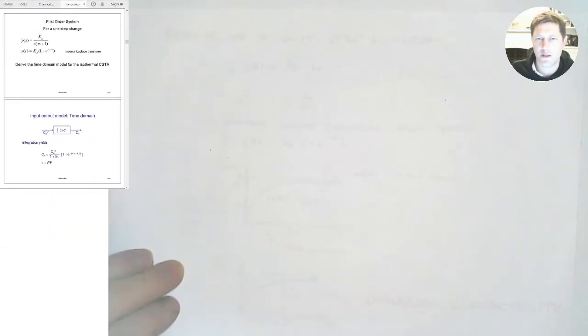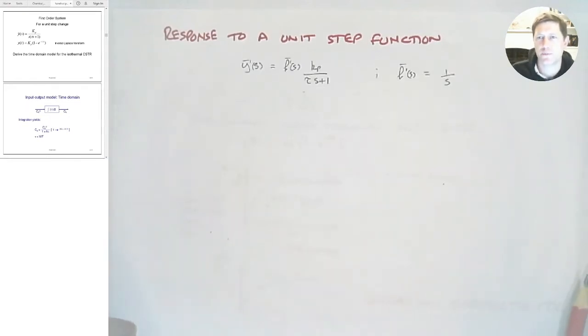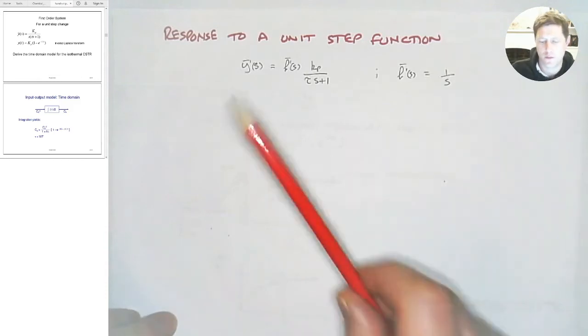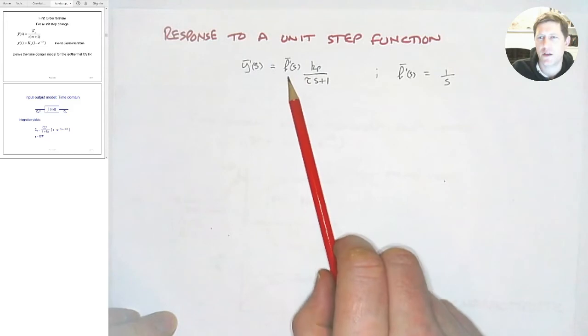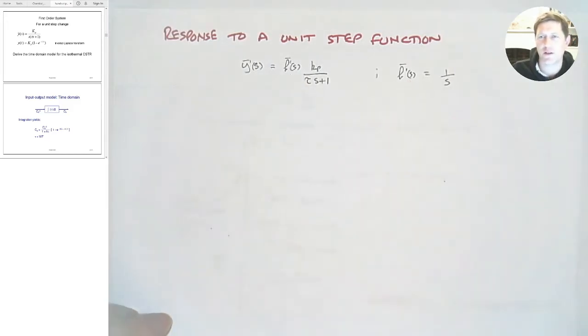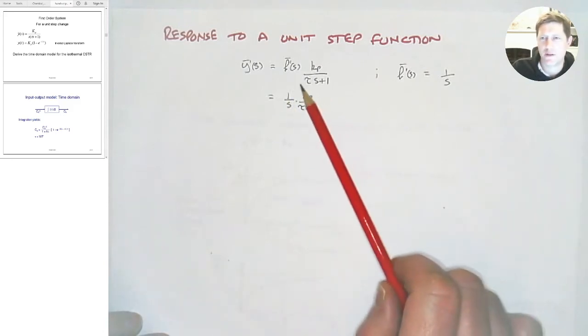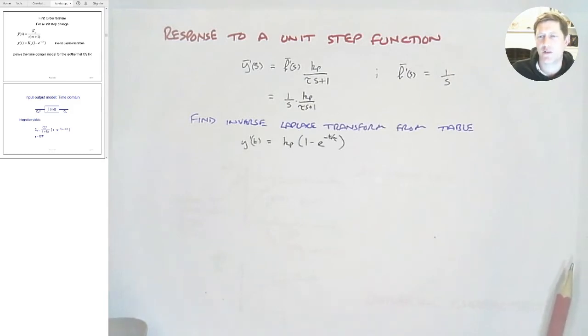So taking a look at that in our notes, we're looking at the response to a unit step function. We can write the response as the transfer function multiplied by the input function, and the input function for the unit step is 1 over s. Put that in, and here we have in the s space the response of the system. We want to find the inverse Laplace transform for that, and we can do that simply by a table.